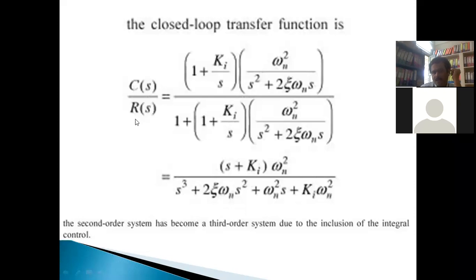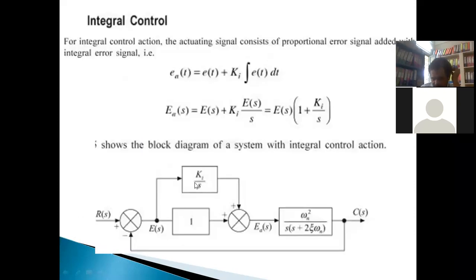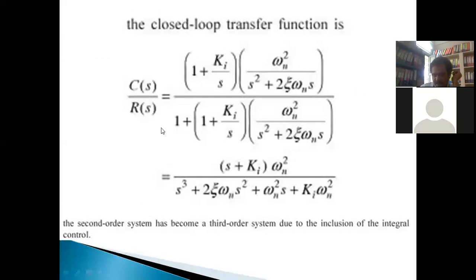So if we find out the closed loop transfer function, this is eliminating this forward path and cascading these two, and unit feedback system, eliminating feedback just by applying G by 1 plus GH. Finally, you will get this equation. C of s by R of s is closed loop transfer function. Block diagram reduction.